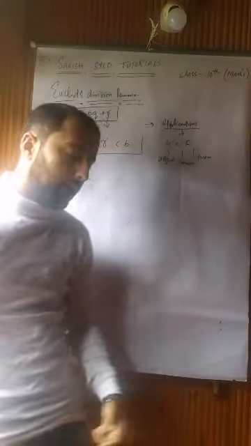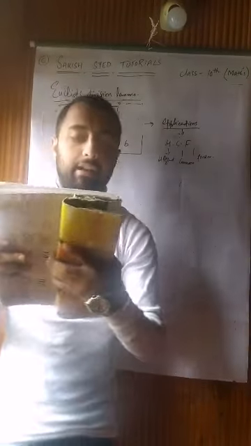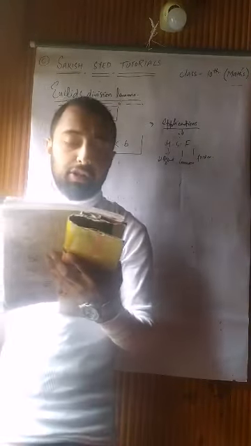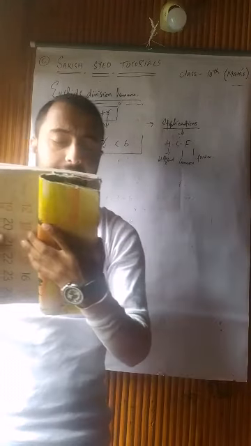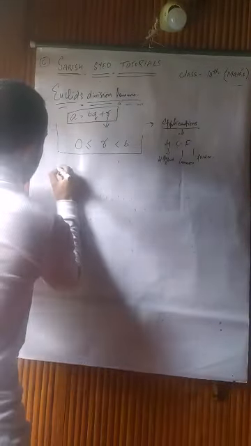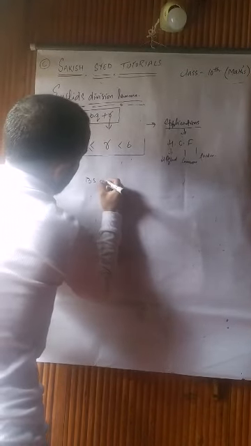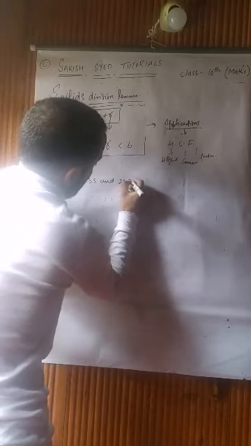Okay, we will take some examples from the book so that it will be more clear to you. The first question is: use Euclid's division lemma to find the HCF of 135 and 225.